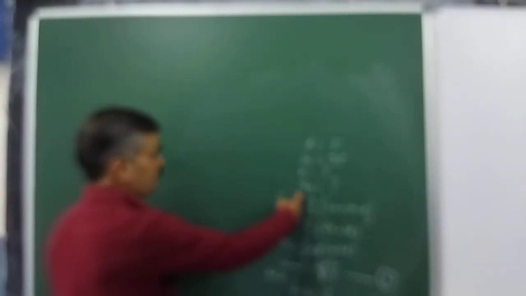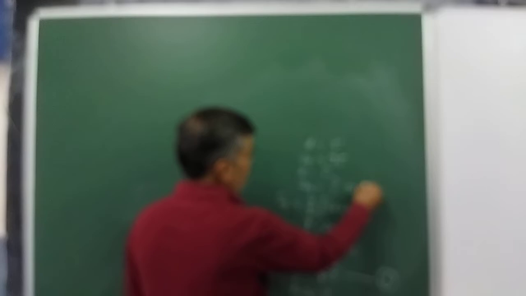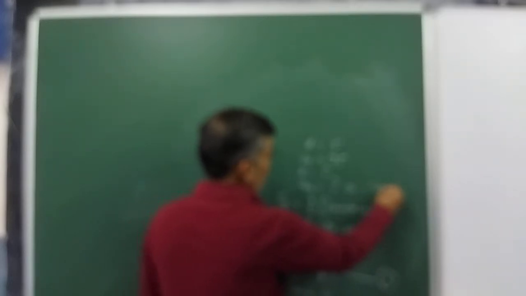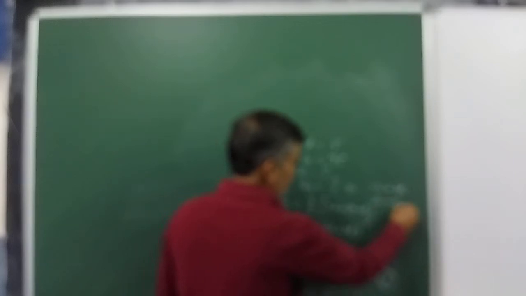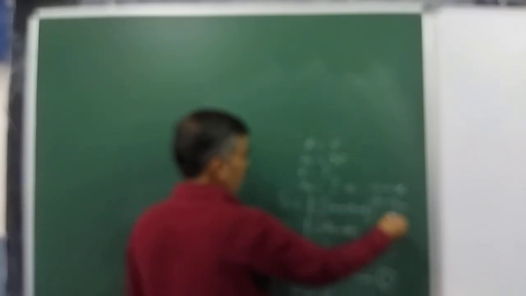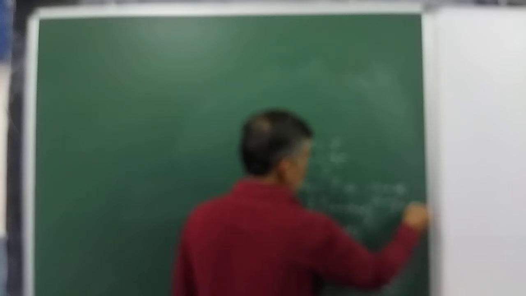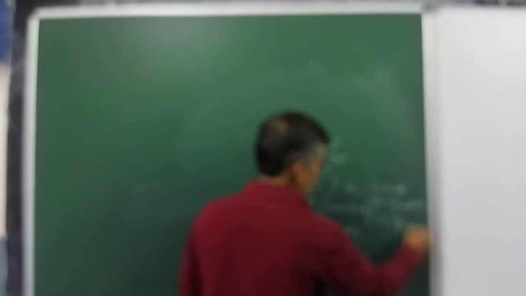Then A9. So A9 will be equal to what? A plus 8D. Now A you are saying is minus 35 upon 3. So 8D, 8 5s are 40. So minus 35 upon 3 plus 40. Do this calculation.